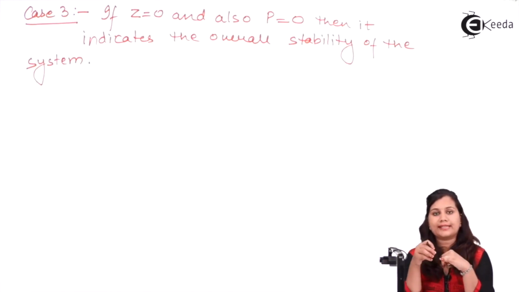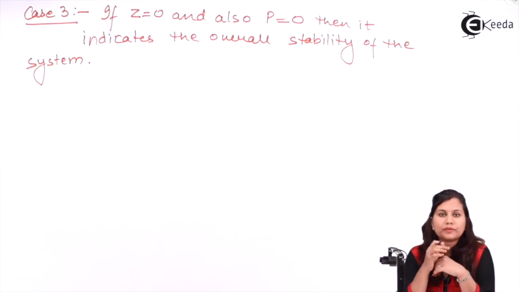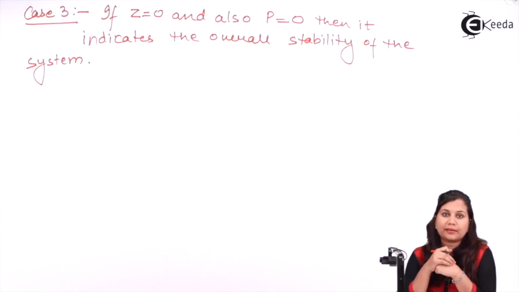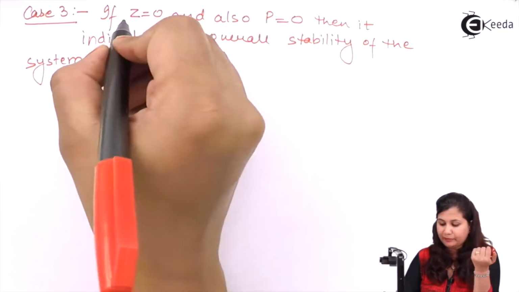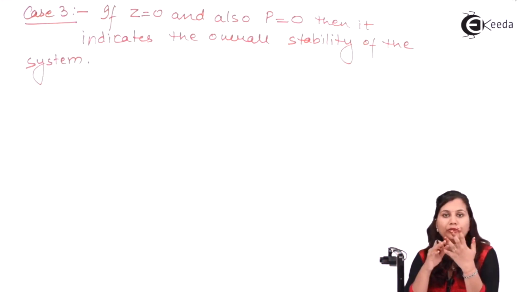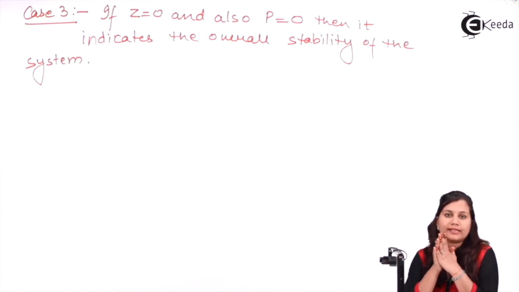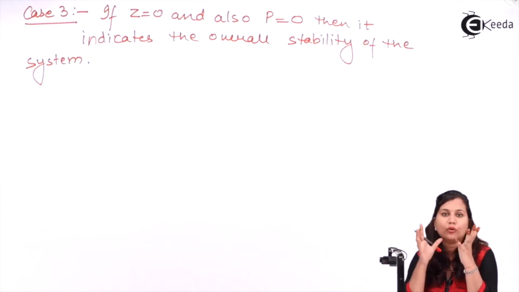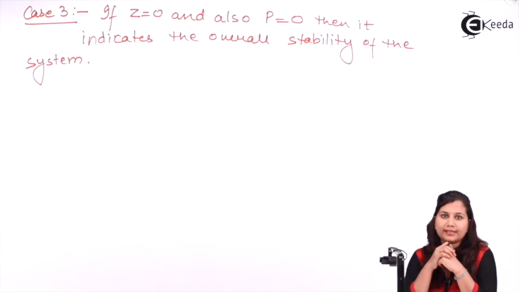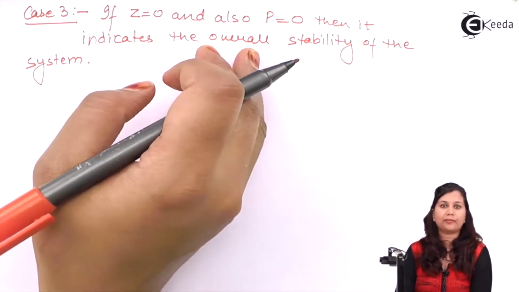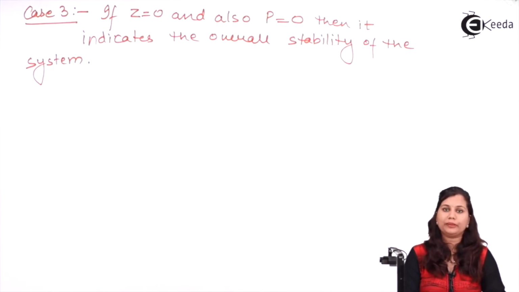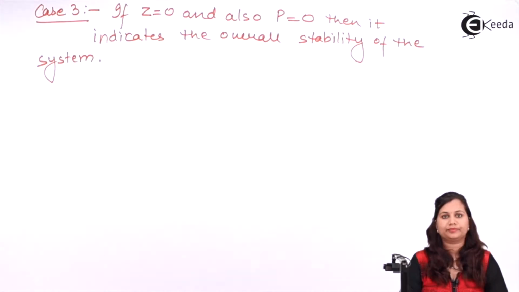Because Z equals 0, the closed loop system is stable, and P equals 0, the open loop system is stable. So if both Z and P are 0, then open loop and closed loop are both stable, so it indicates the overall stability of the system. So these are the three cases based upon the equation N equals P minus Z.